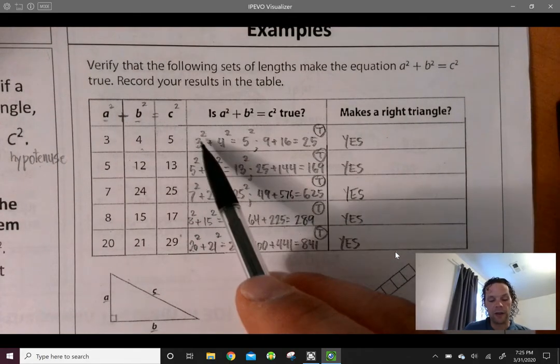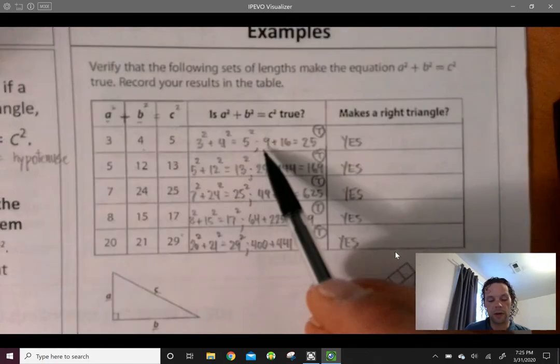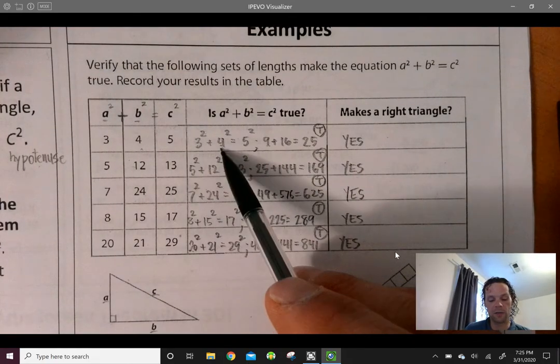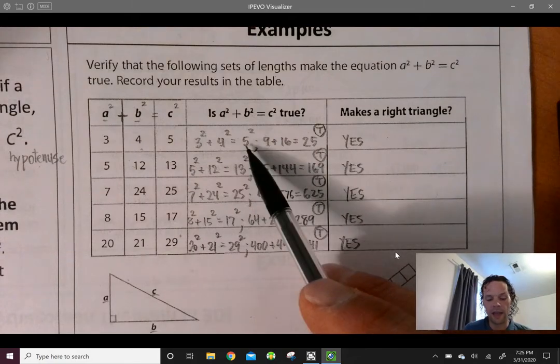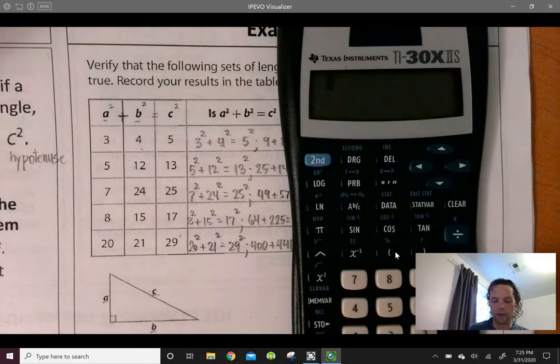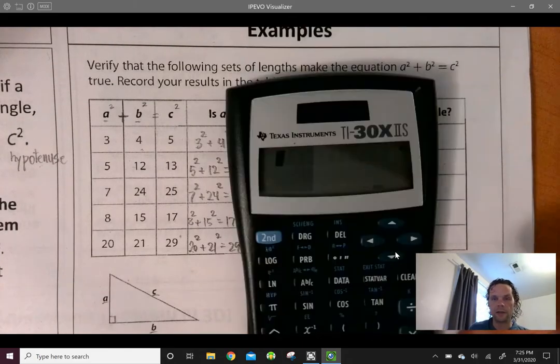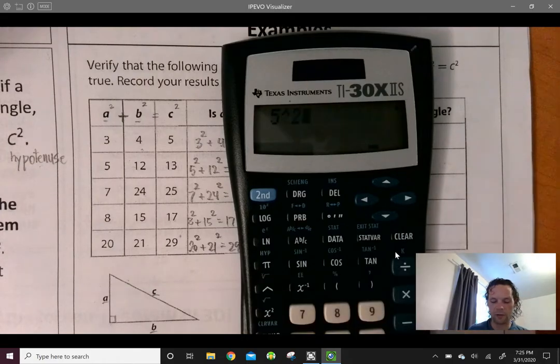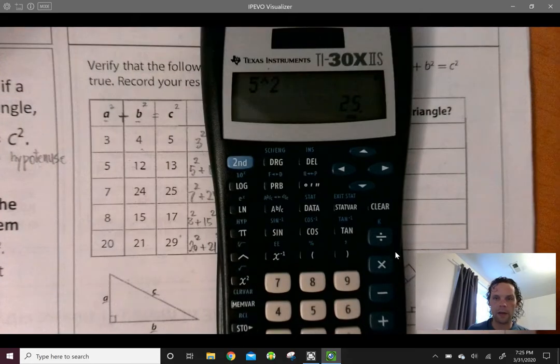And we find that 3 squared plus 4 squared is equal to 9 plus 16. 3 times 3 is 9, 4 times 4 is 16. And then 5 squared is 25, right? We can check all that with our calculators, and you guys, you know how to use those things, right? You know how to square numbers. 5 up 2 equals, and then there you have it, right?